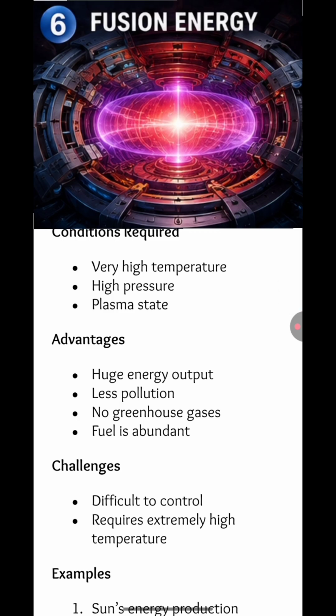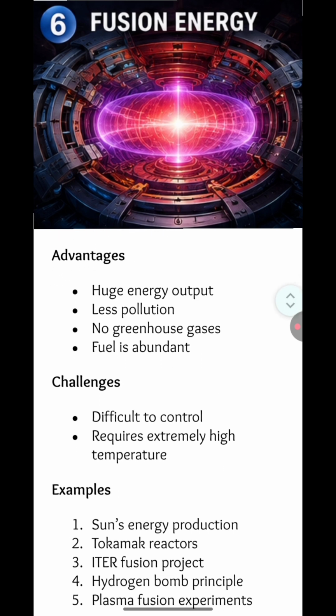Some challenges are also there for this fusion: it is difficult to control, and it requires extremely high temperature.